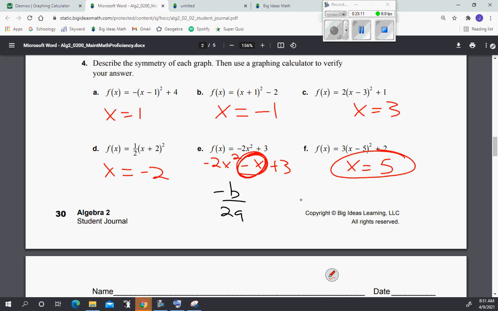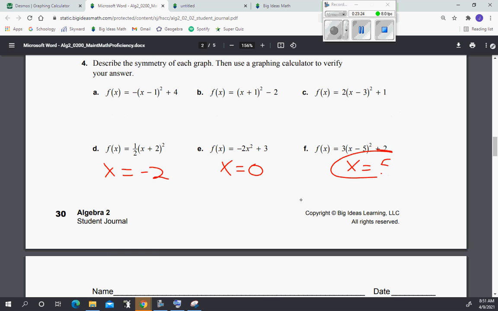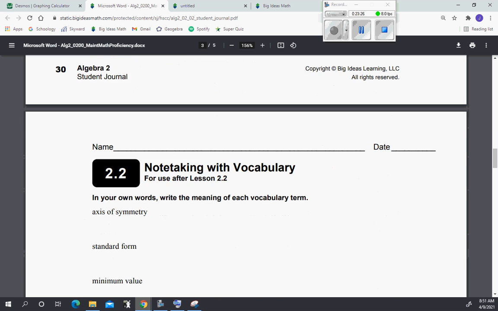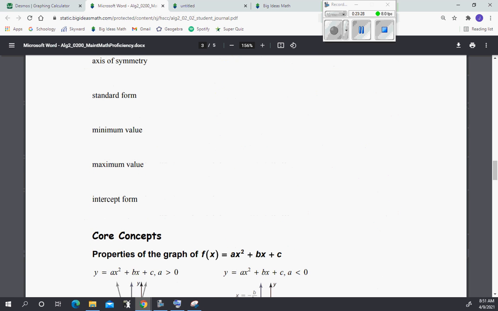Since it's missing that middle term, there's nothing in parentheses. It's just x equals 0. Moving on. Axis of symmetry is the line that divides your parabola in half.